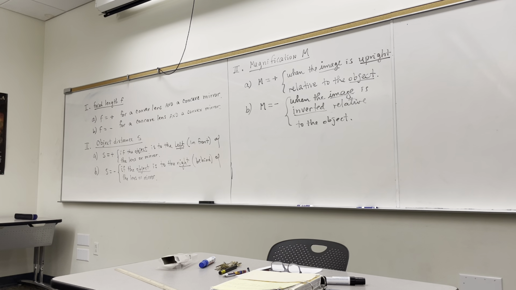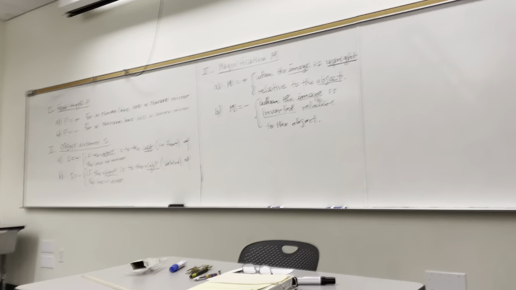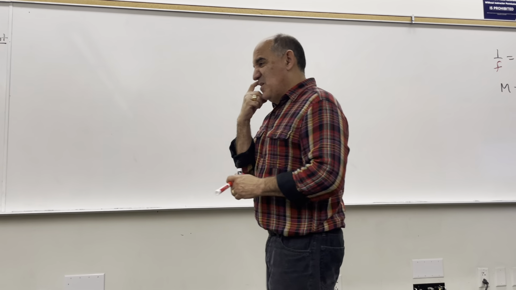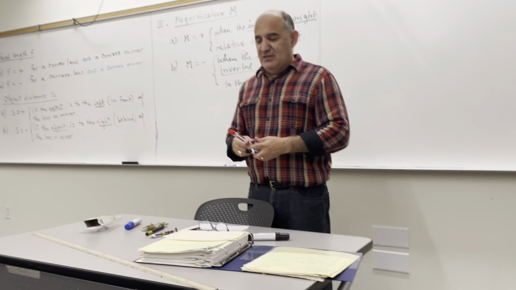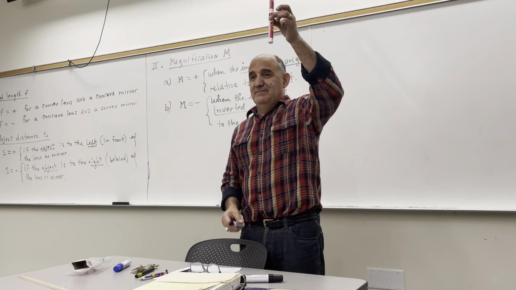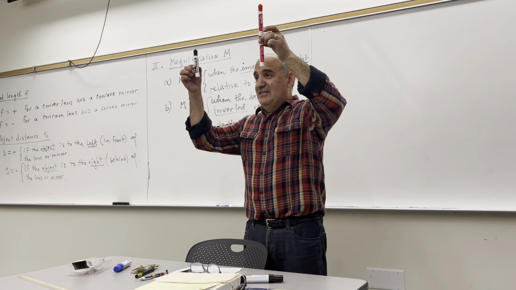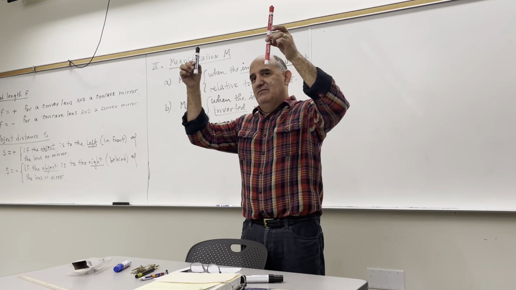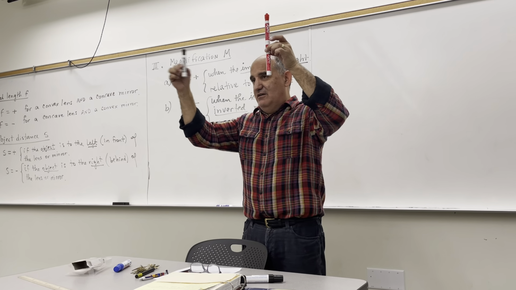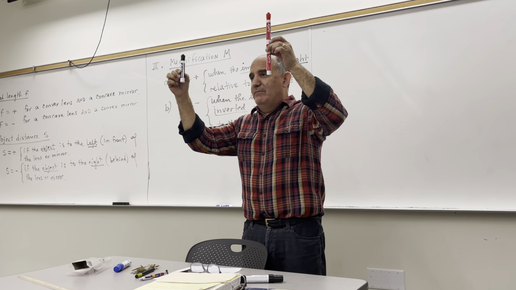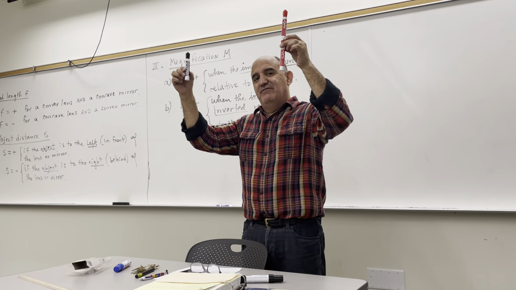So therefore the magnification is -2. Correct. What if the object is this red marker and the image is this? What's the magnification? 1/2, 0.5 plus, right? Because the image is upright relative to the object. So the magnification would be plus 0.5.